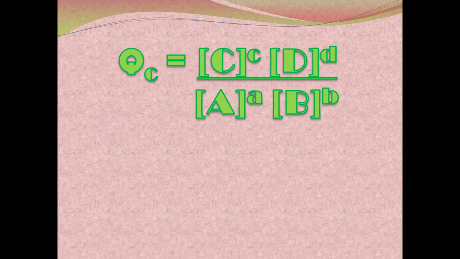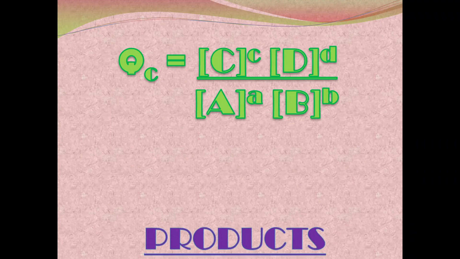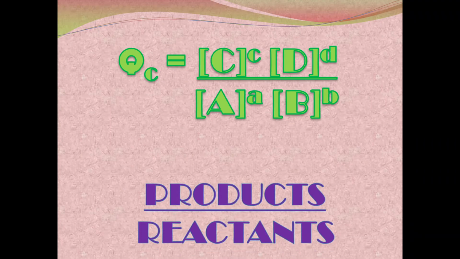So this formula for Q sub C is exactly the same as K sub C. It's always products over reactants.